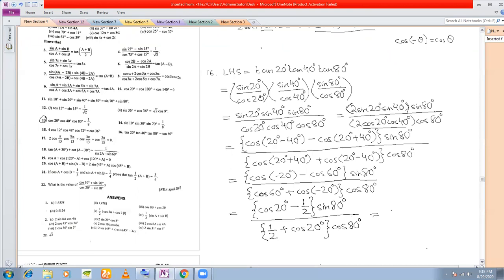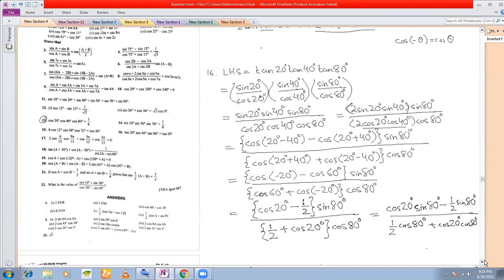So if you multiply everything, you will get cos 20 degree sin 80 degree minus half sin 80 divided by half cos 80 degree plus cos 20 degree cos 80 degree.